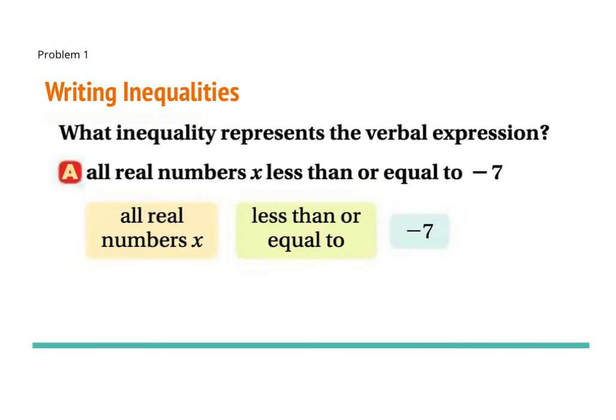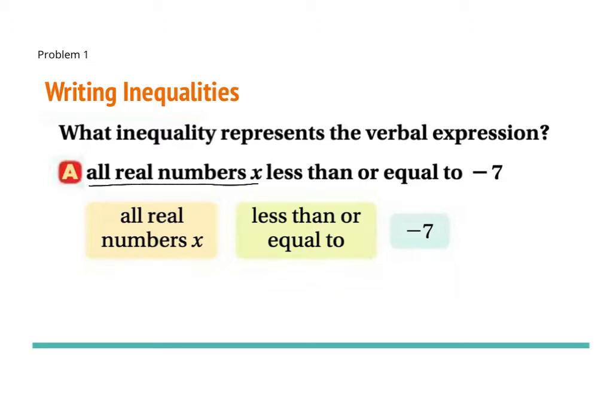Well, I want to start by doing two examples where we're given a words representation, and we're going to change that into a mathematical inequality. So in part A, it says all real numbers x less than or equal to -7. So all real numbers x is the first portion.